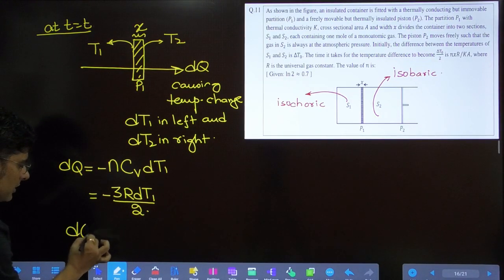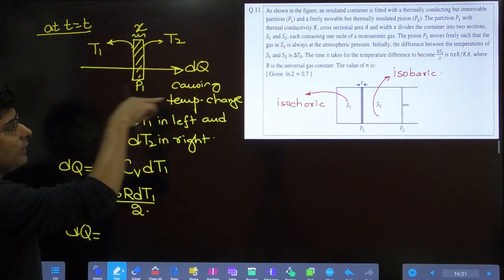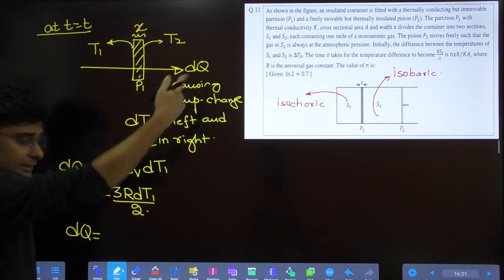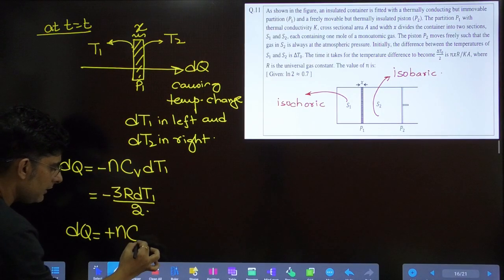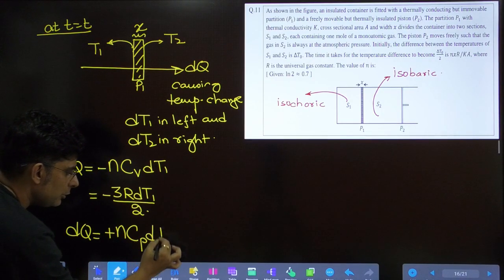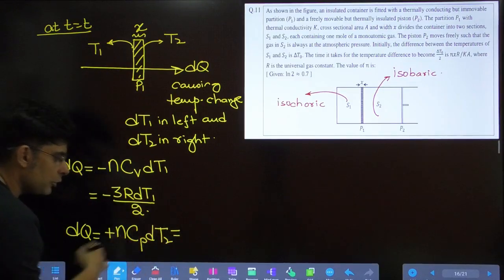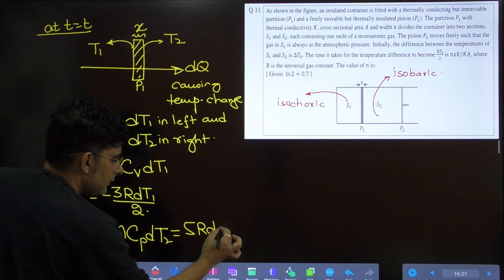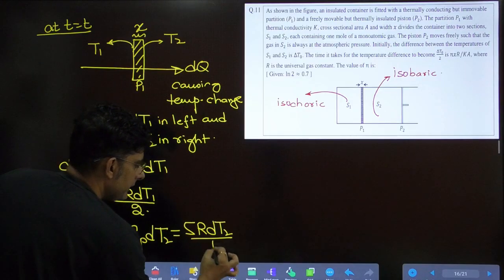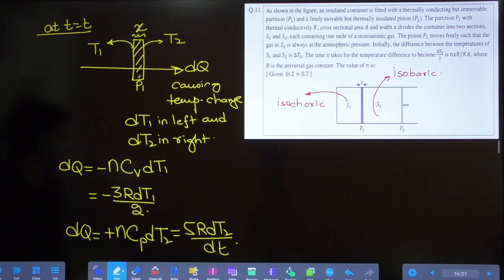And dq for the second compartment S2, this heat is entering, so it will increase the temperature. So we write positive n Cp dT2. It is also monoatomic gas, so 5R dT2 by 2. This is what we can write.